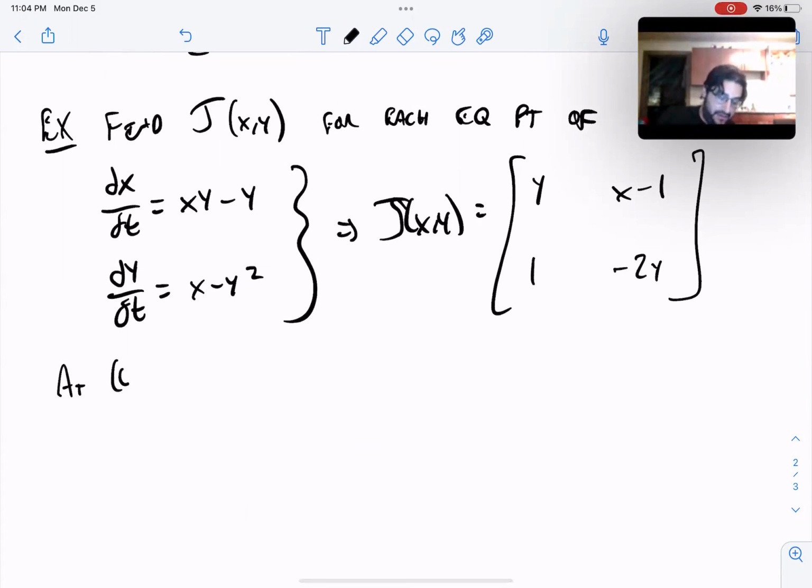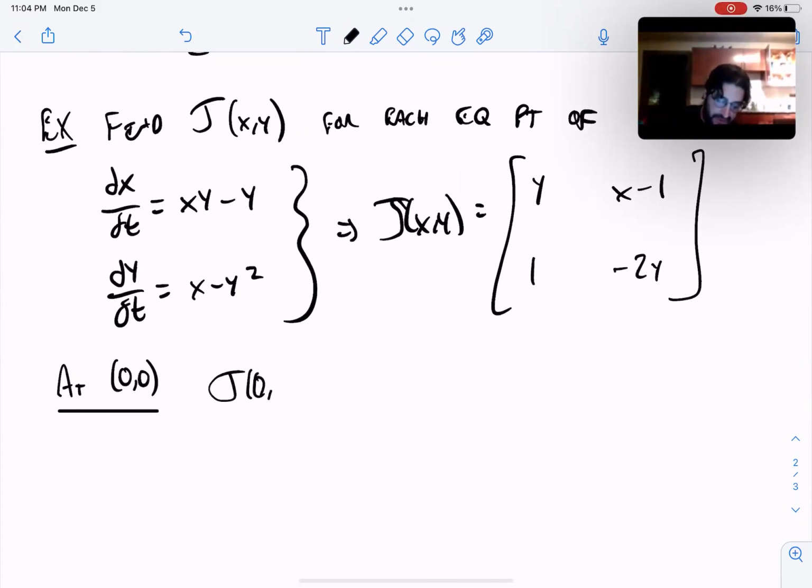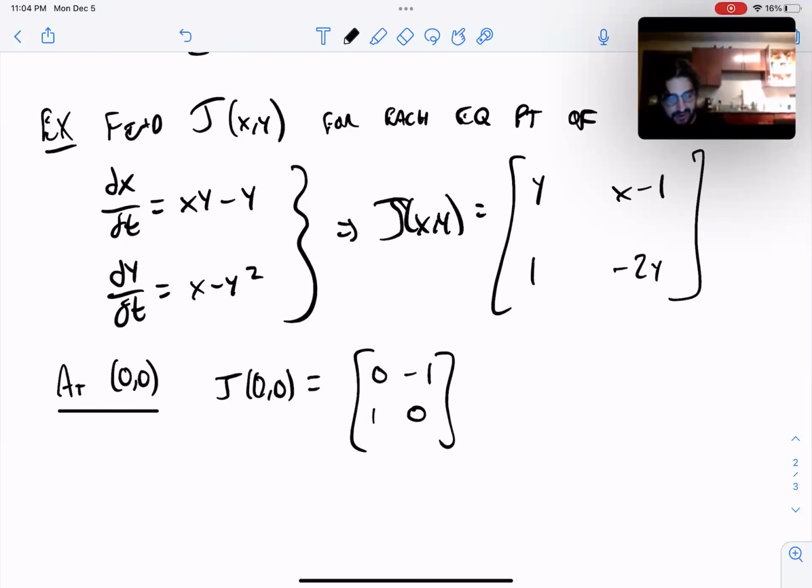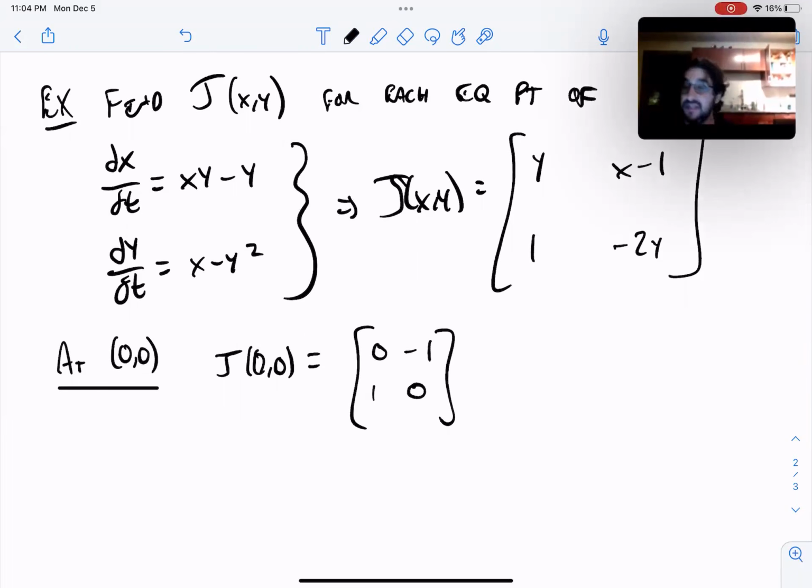So at 0, 0, what do we have for a Jacobian? Our Jacobian at 0, 0 becomes this when we plug 0, 0 into the Jacobian formula. So what does it mean? It means that near 0, 0, the linear system that best approximates it is this system: dx/dt equals negative y, dy/dt equals x.